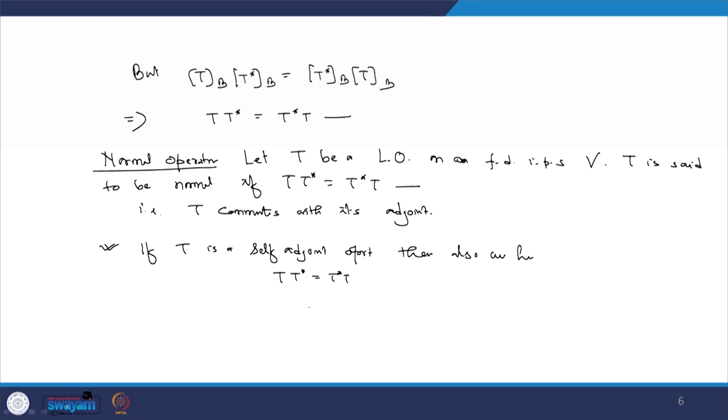So T into T star is equal to T square. So this property holds good. So this implies that every self adjoint operator is a normal operator.